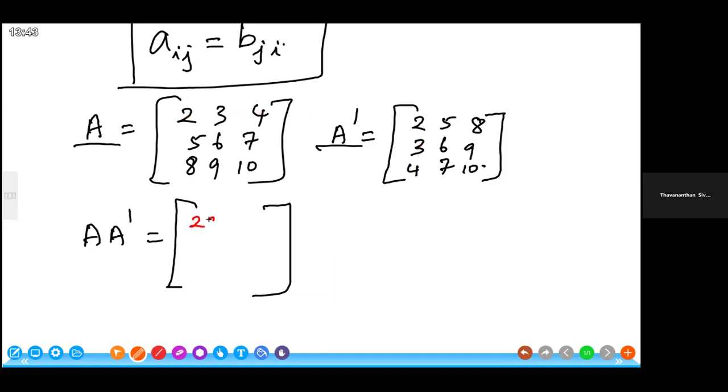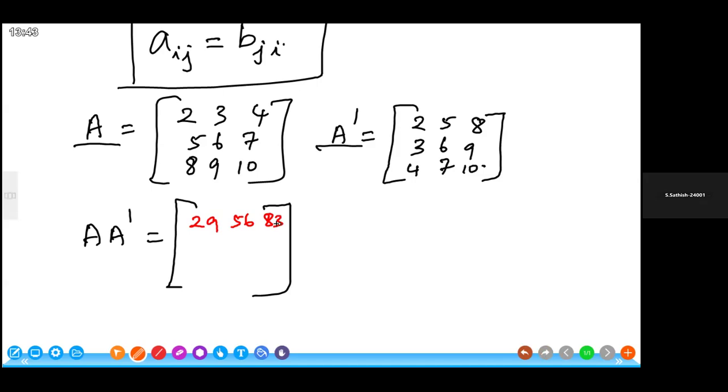Right, 29. Then this row multiplied by this column, what is that? 56. Then 83.